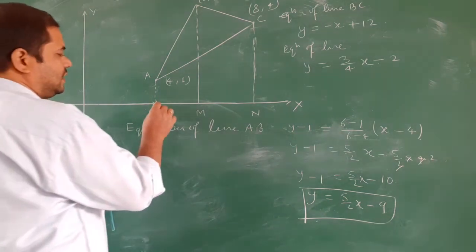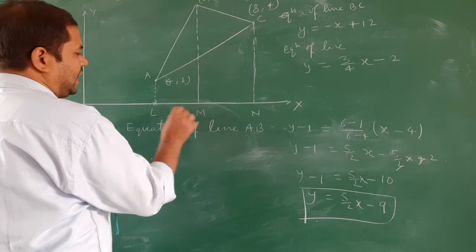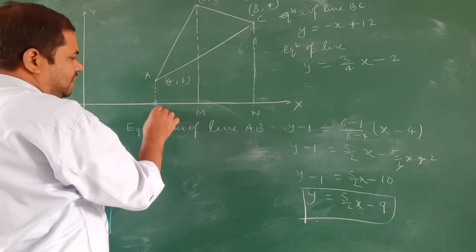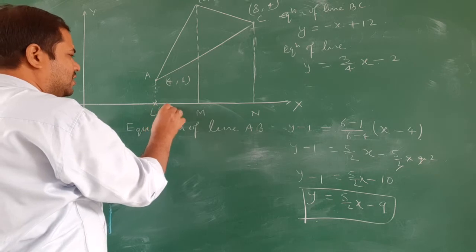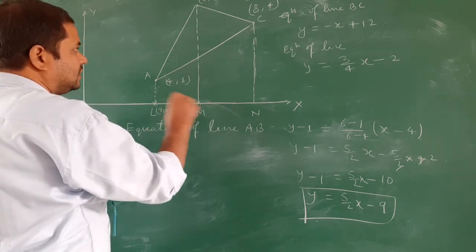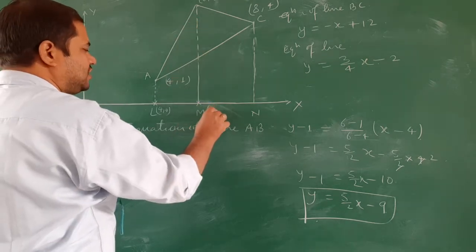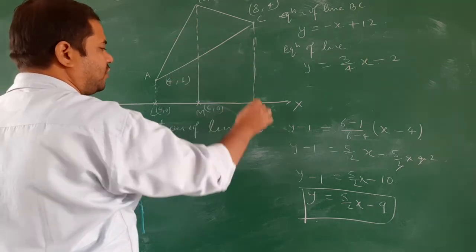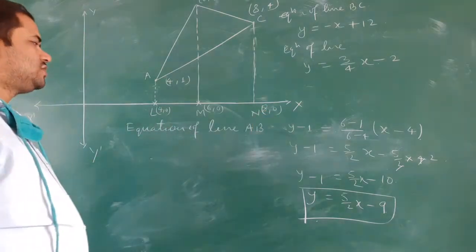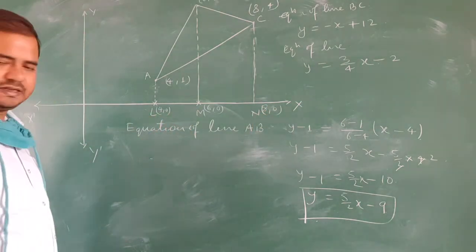So for the area of trapezium ALMB, the limits: this point is (4,0), this is (6,0), and this is (8,0). So from 4 to 6.